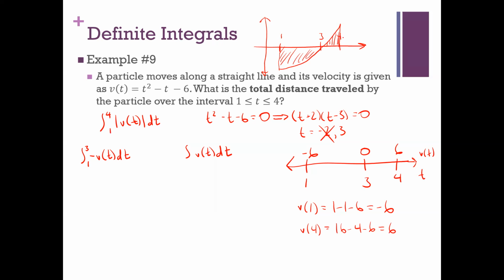So if we want to find that area below, we know if we were to just integrate v of t, we would get a negative number because that's how a Riemann sum, or that's how a definite integral works. So in order to get the positive number that we're actually interested in, we can integrate the opposite of it. So I'm going to integrate from 1 to 3 of this: -t squared plus t plus 6.